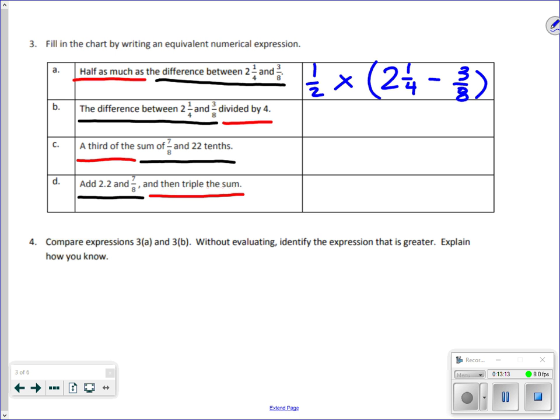Half as much as the difference between 2 1/4 and 3/8. So I know that with those two numbers, I am subtracting. Very good. I'm subtracting. 2 1/4, 3/8, divided by 4.